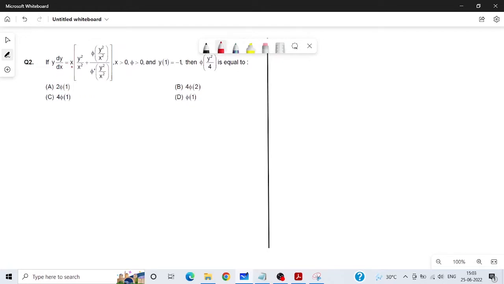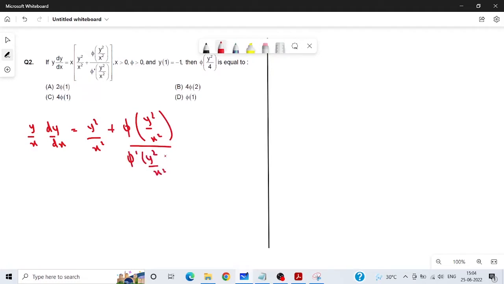You can just shift this x to the left hand side, so we get (y/x) dy/dx = y²/x² + φ(y²/x²)/φ'(y²/x²). Okay, so this is given.